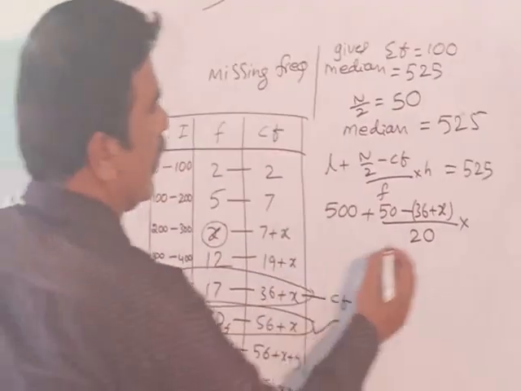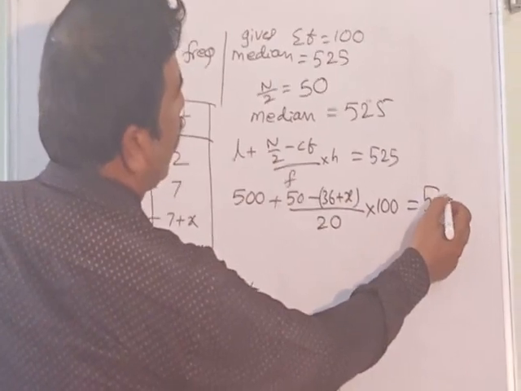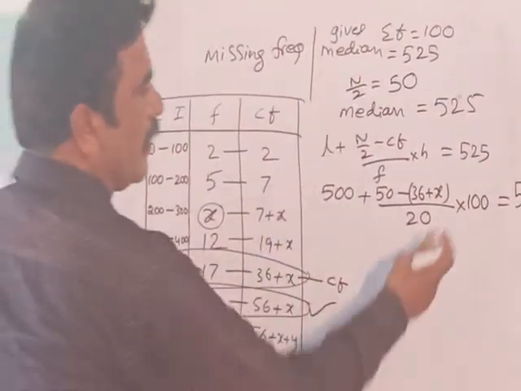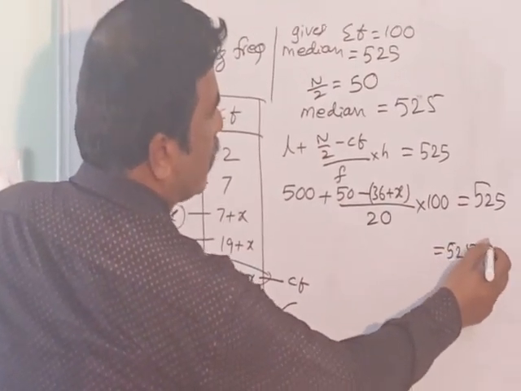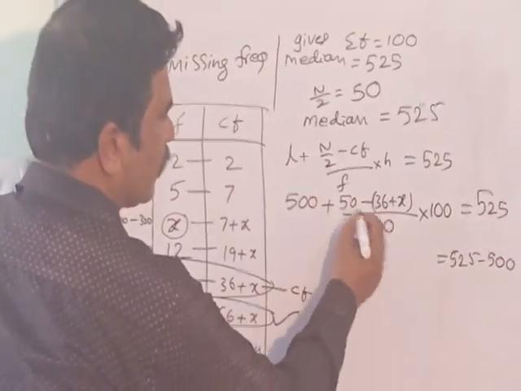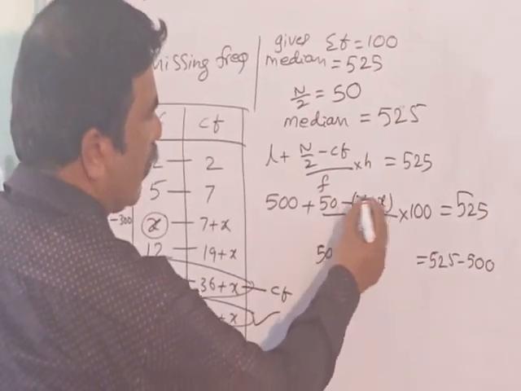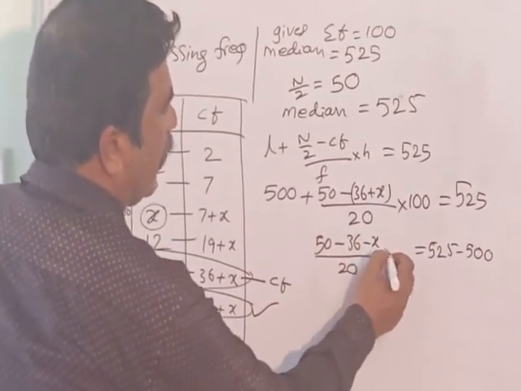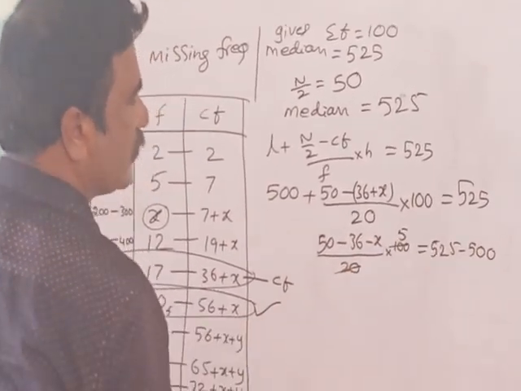0 to 100 size is nothing but 100, is equal to 525. Okay, send this 500 that side, you will get 525 minus 500. Left side as it is: 50 minus (36 minus x) by 20 into 100. Cancel this 20, 5 times.